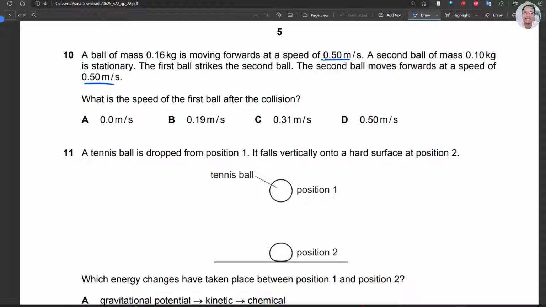The second ball is lighter than the first ball, and therefore it will not receive all the momentum of the first ball, but a part of it. The first ball will keep moving in the initial direction, but what is the speed of the first ball after collision?